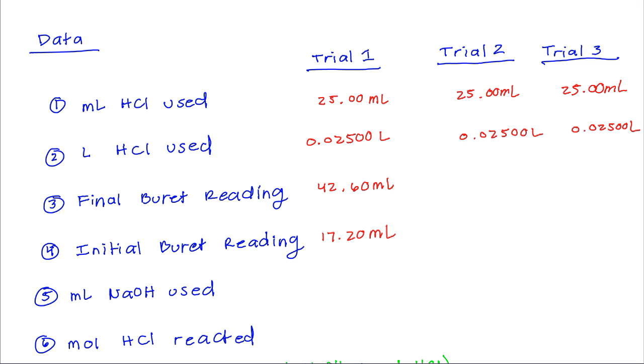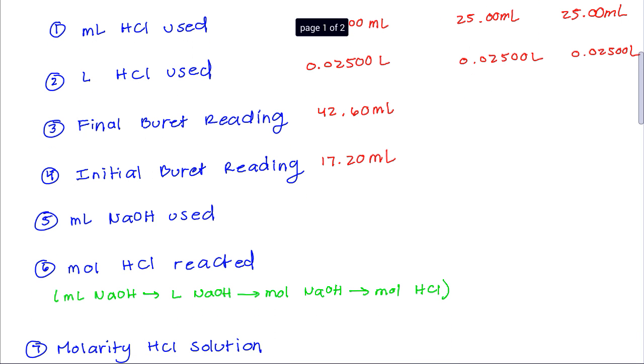So once we did our titration, we have 2 different readings. We took our initial burette reading at the very beginning before we did our titration, and we took the final burette reading. Now to figure out the amount of sodium hydroxide used, we can just subtract. So again, that will be our final burette reading minus the initial. Let's plug in our numbers and we get 42.60 milliliters minus 17.20 milliliters.